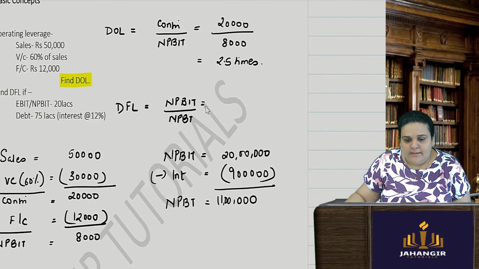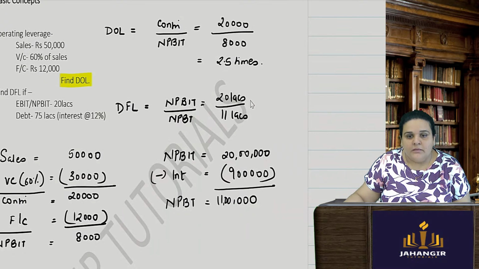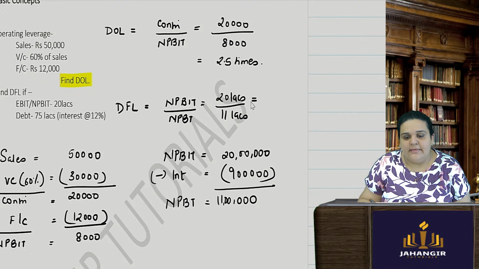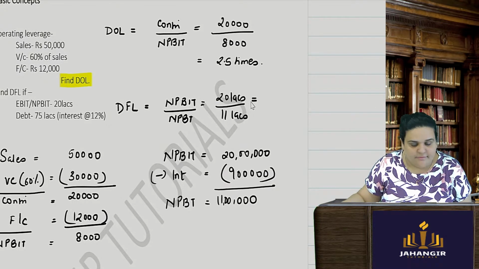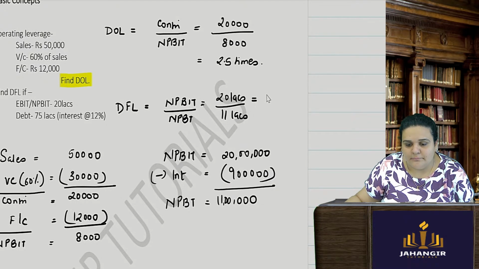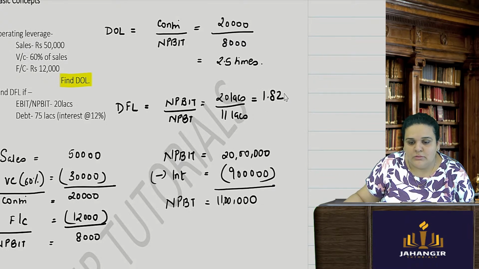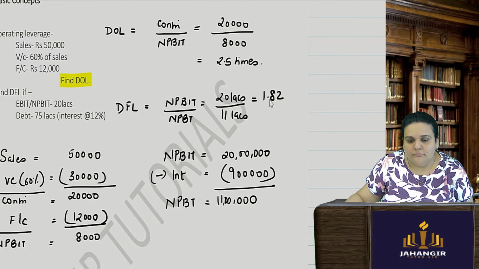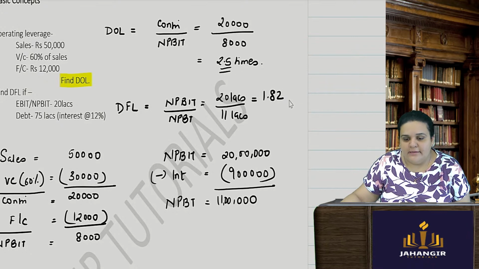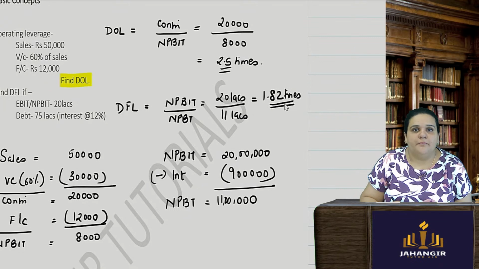I have my NPBIT 20 lakhs upon NPBT 11 lakhs. If you solve this, 20 lakhs divided by 11 lakhs, or 20 divided by 11, it will come to 1.82 times. So one is 2.5 times, the other answer is 1.82 times.